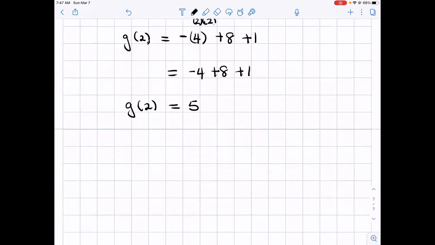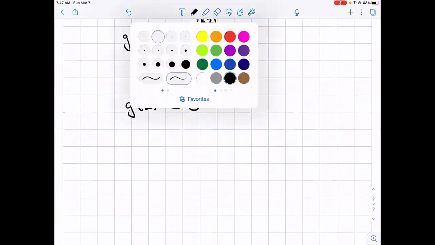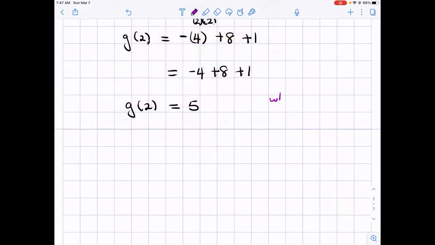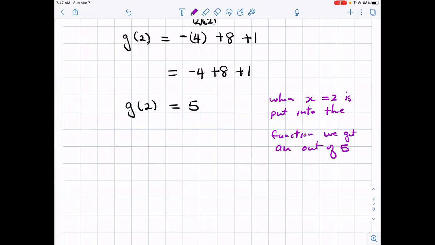So observe what this means. When x equals 2 is put into the function, we get an output of 5.